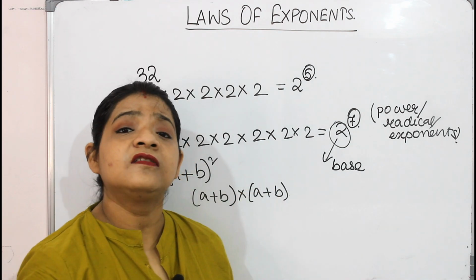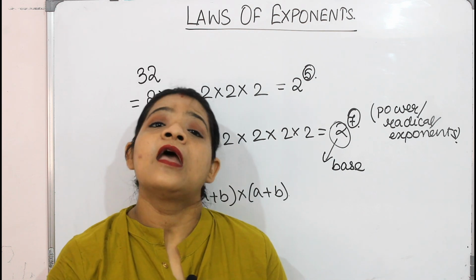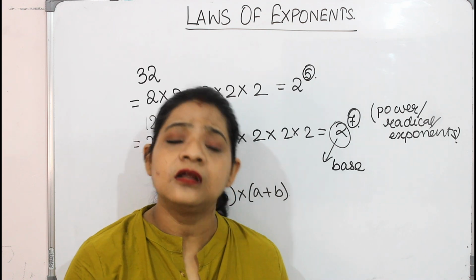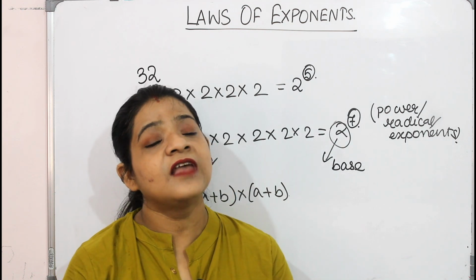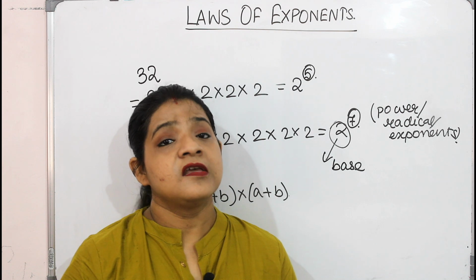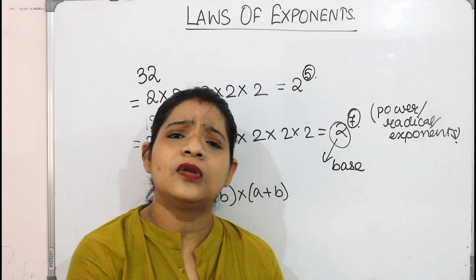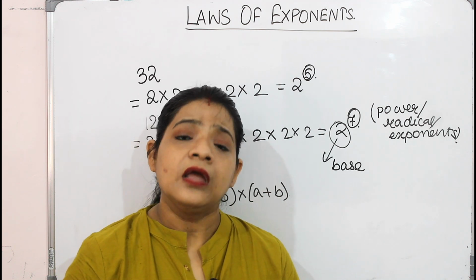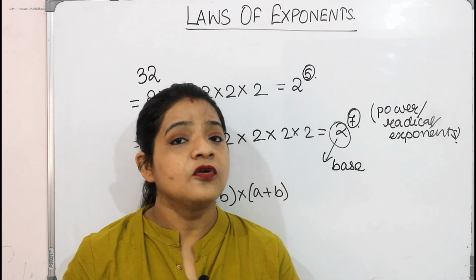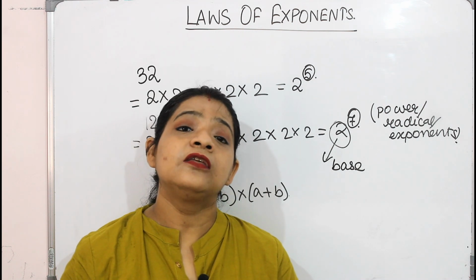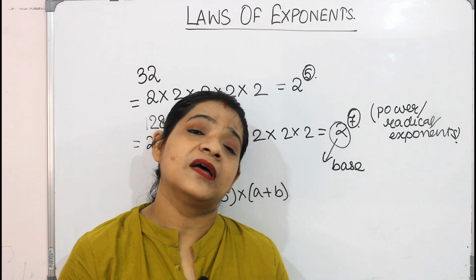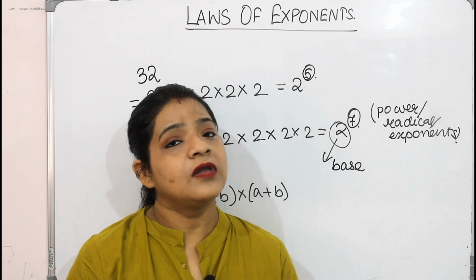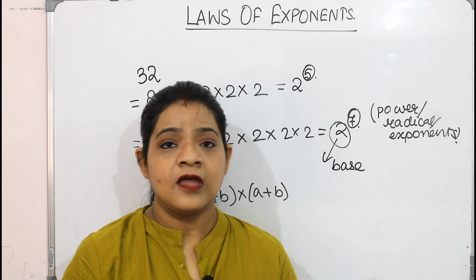So this is the utility of writing exponents: to avoid repetition and save time, we go for exponents, and it makes our calculation much easier, as we are going to see later on. Exponents follow certain rules so that you can make your mathematical calculations much more convenient. So let us look into the rules of exponents.